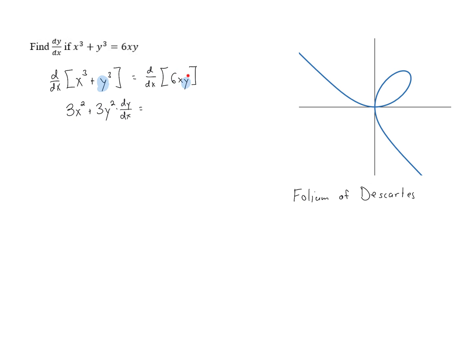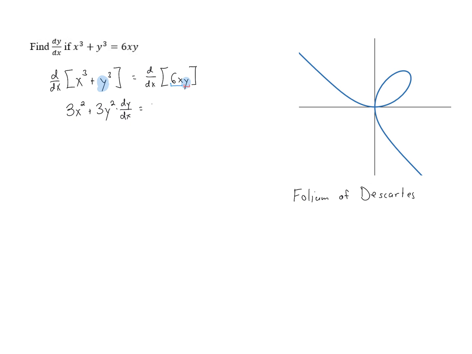Now let's look on the right-hand side. We want to differentiate this quantity with respect to x. We're actually going to have to use the product rule, because we have a product of two functions. I'm going to let the first one be 6x and the second one be y. Now when we use the product rule, we've got the derivative of the first function times the second.